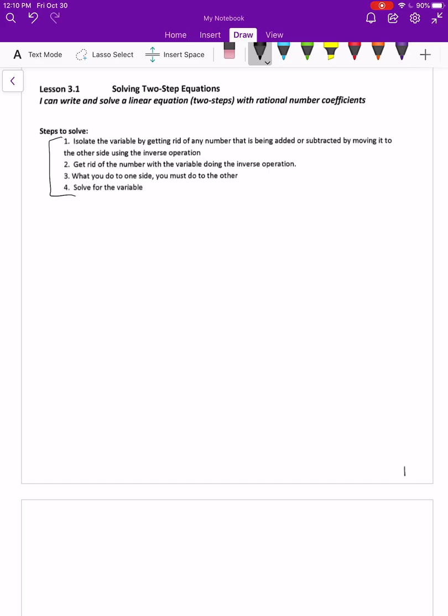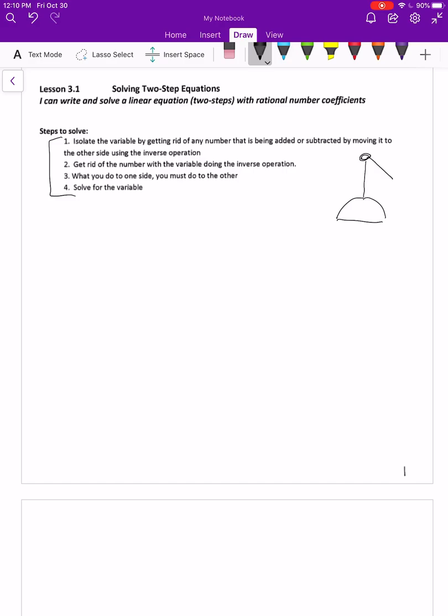I want to talk about, before we get started on some problems, everything about equations. Equations are built on being balanced, being equal. Do you know this thing from science, a pan balance?